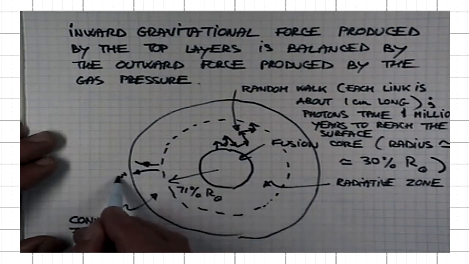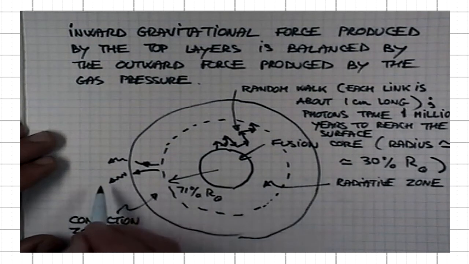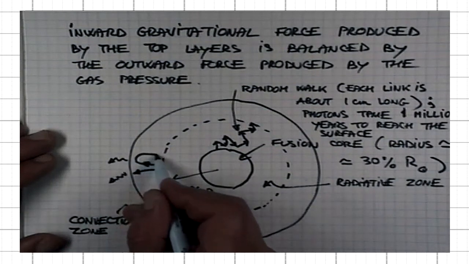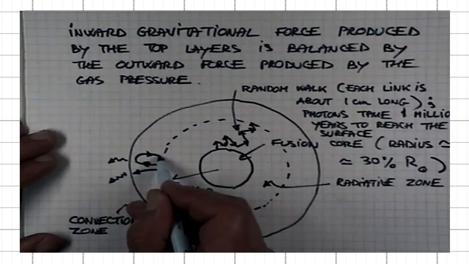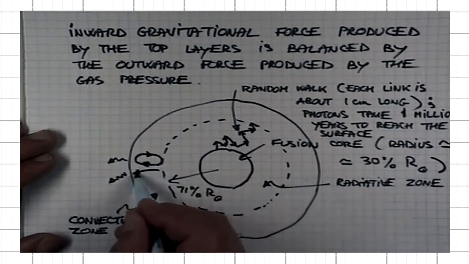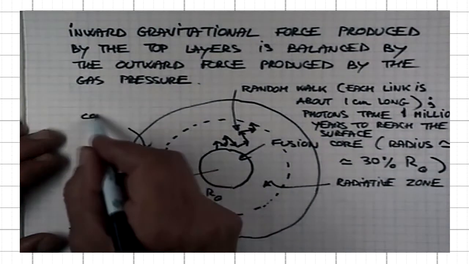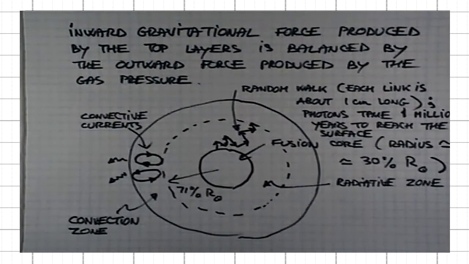Then it gives up the energy at the surface, cools off, becomes more dense, and as higher density material, it sinks back in. It's heated up again, and the whole process continues. So we have these so-called convective currents that take the energy from the edge of the radiation zone and take it to the surface.